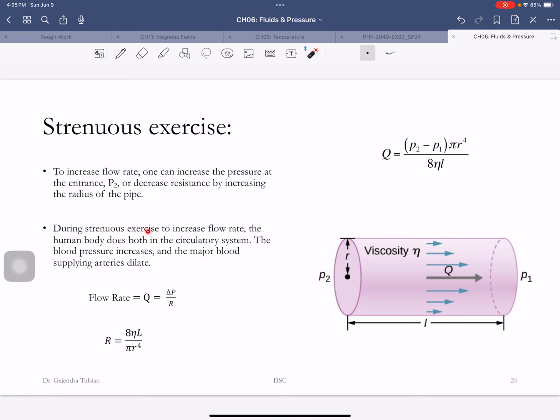So during strenuous exercise, to increase flow rate, the human body does both. In the circulatory system, the blood pressure increases slightly, and the major blood supplying arteries dilate. Okay, so they increase that and decrease the resistance by dilating the blood vessels.